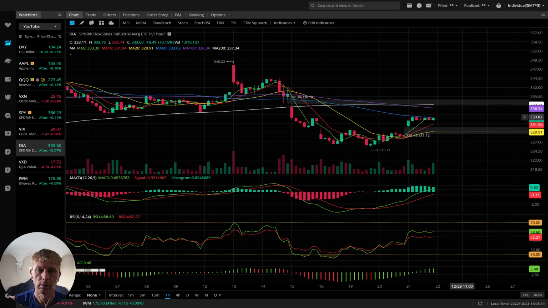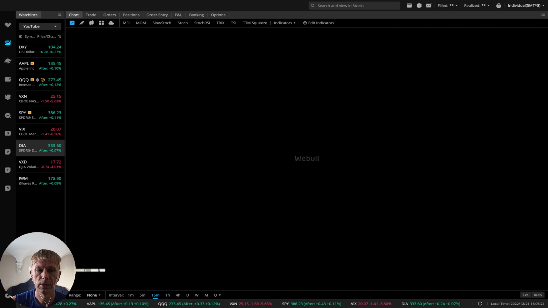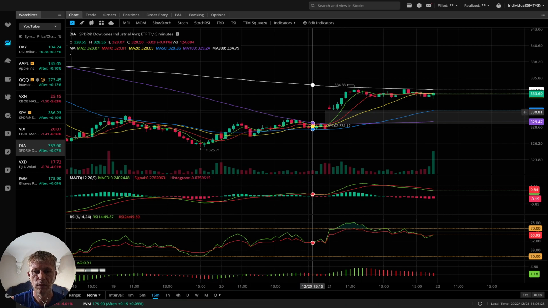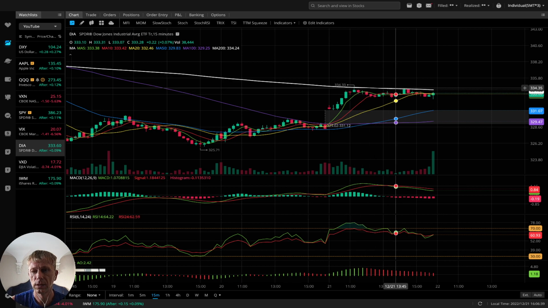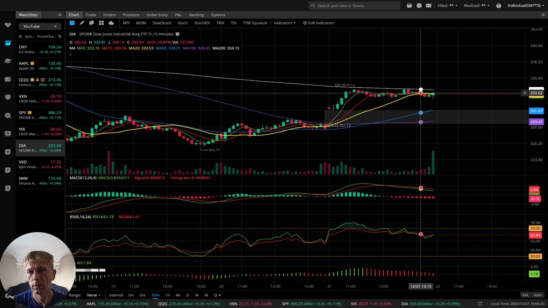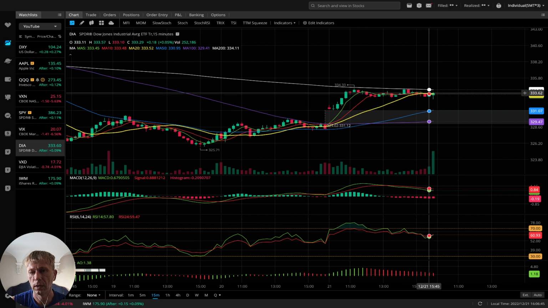If you trade intraday, let me repeat again: for intraday, I'm using 5 minutes, 15 minutes and 1 hour. For swing trading, I'm using 4 hours and daily. If you check on 15 minutes, it looks like it touched the MA200. All day it stayed on the MA200, and now it did a bearish crossover over the MA20.